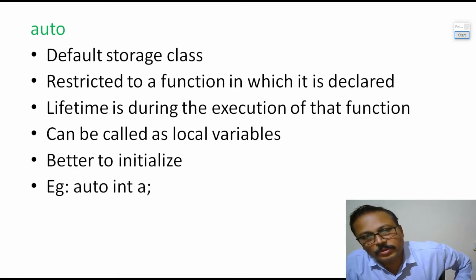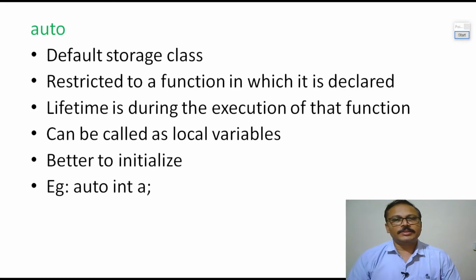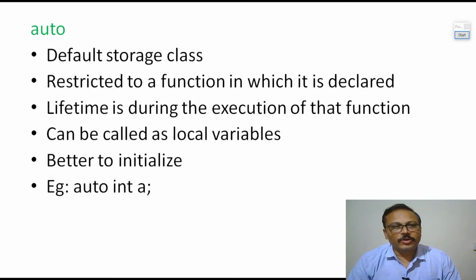So auto is the default storage class. If you have a variable with auto storage class, then it is restricted to the function in which it is declared. Definitely you cannot access it outside the function. Lifetime is during the execution of that function only.